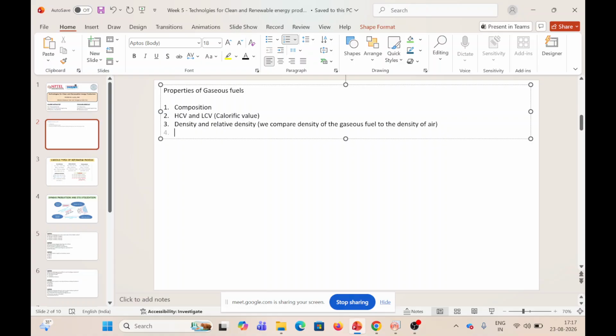Then we have something called the UB index, or UB number. The UB index indicates the interchangeability of the fuel gas, and it is typically defined with a formula.